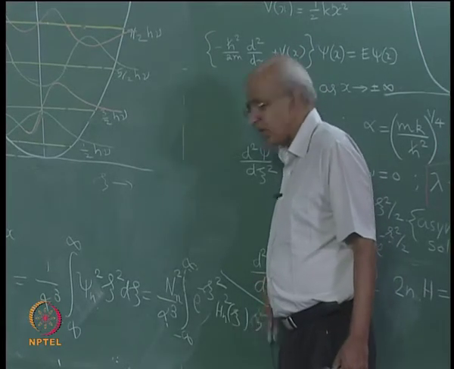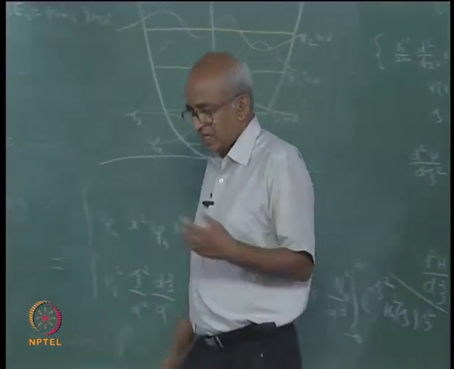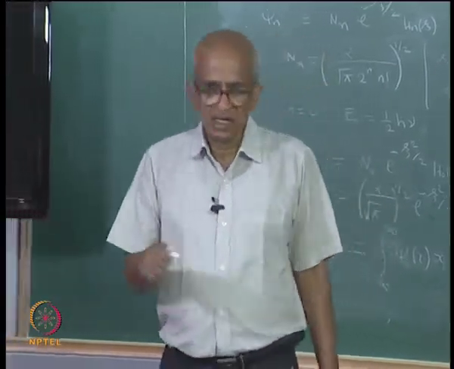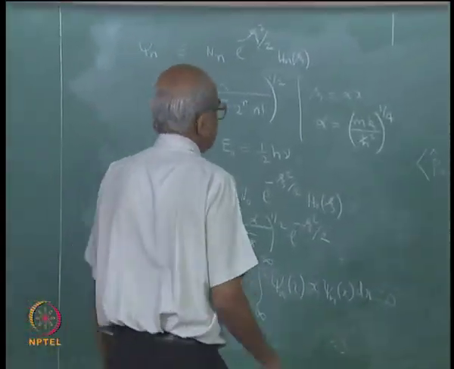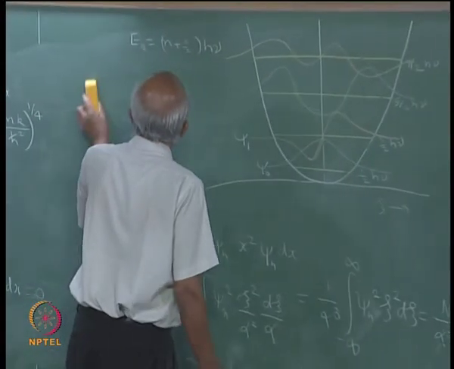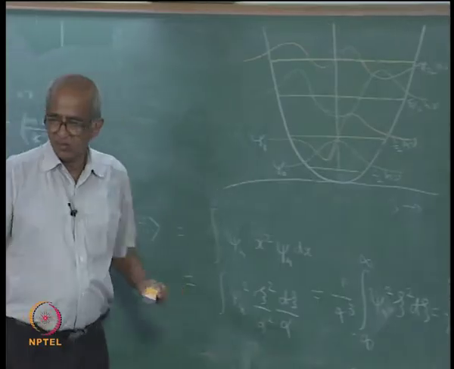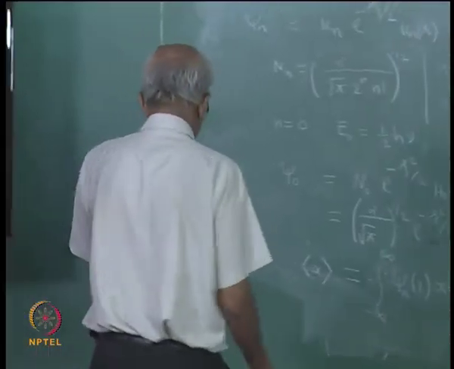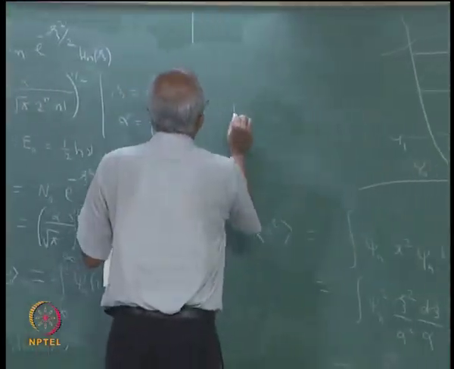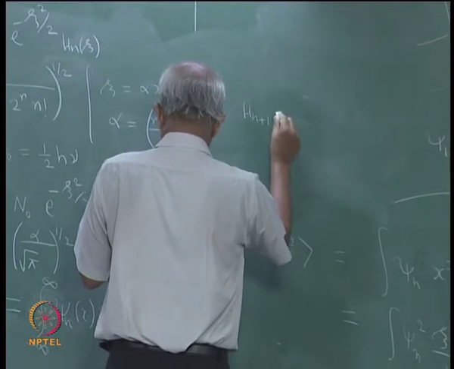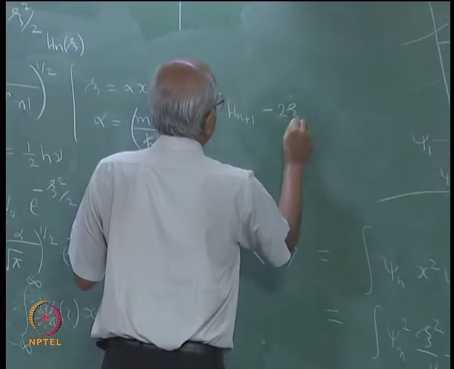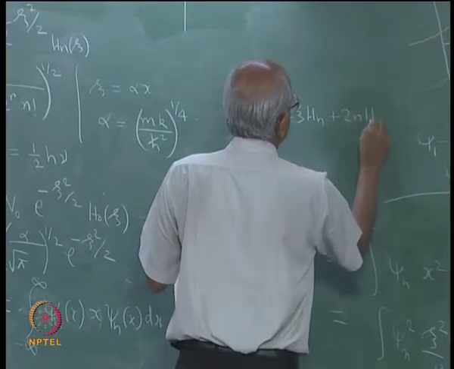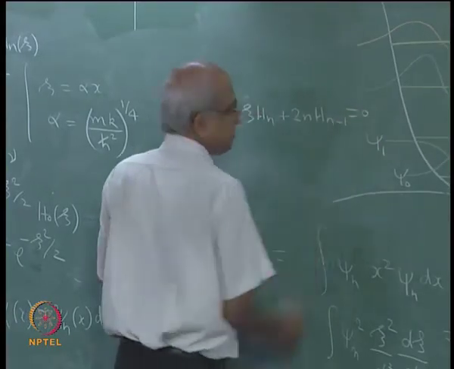So, the question is how will you evaluate this? For that we can make use of one of the identities that I had derived earlier. The identity that I can use is to be taken from the book. I had shown this in the morning. It says that H n plus 1 minus 2 c H n plus 2 n H n minus 1 is equal to 0, right.